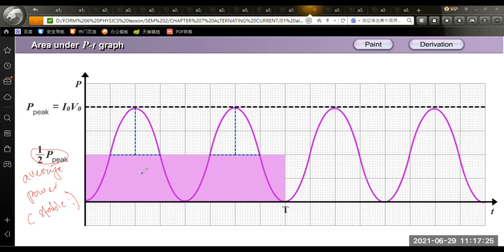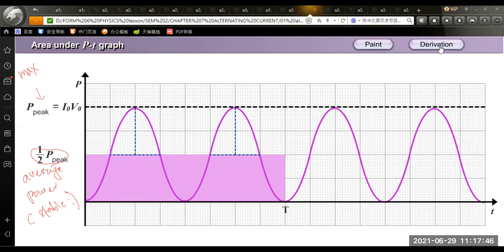This will be the power in the alternating current, and this will be the maximum that can be achieved, but does not remain all the time. So that's why we use half the peak power.